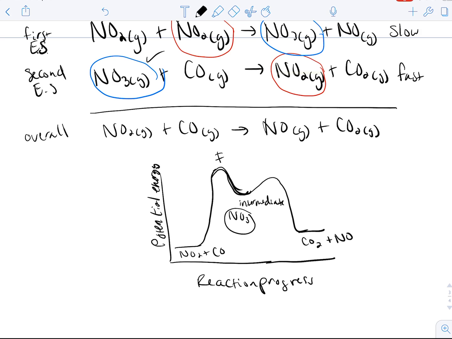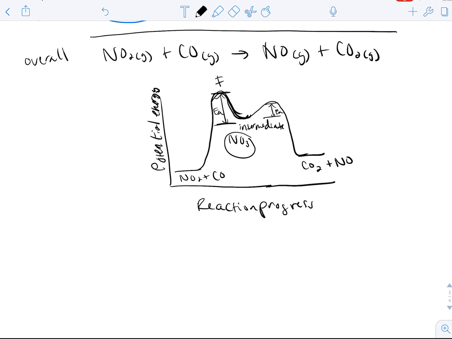We can tell that the first step is our slow step because it has the greatest activation energy. So that activation energy there is greater than our second step's activation energy. So we call our slow step, and there's only going to be ever one, we call it the rate limiting step.